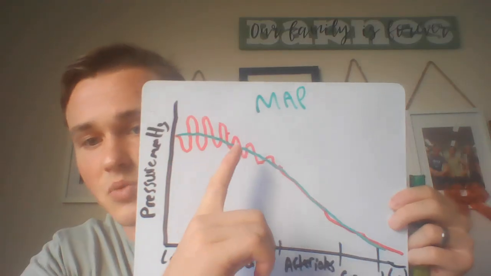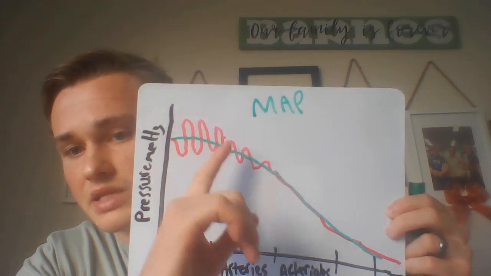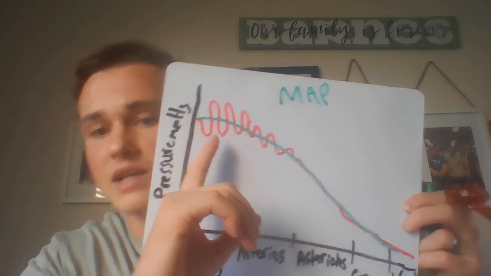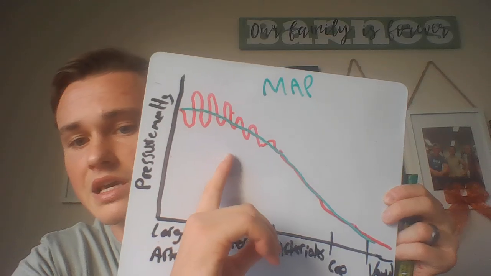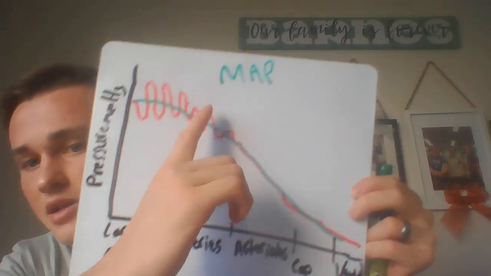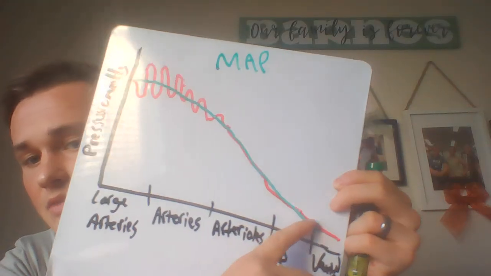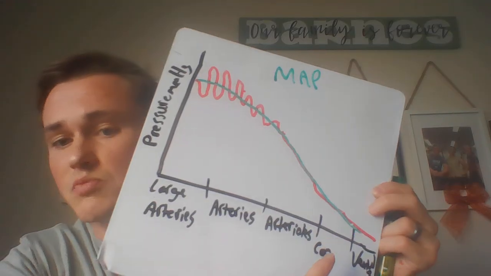It's the mean of the pressure. So we're going to start out up here. There will be lots of variability as the heart is pumping. It has a greater effect when you're in the larger arteries. It'll have less and less of an effect, down to the point where our MAP is essentially the same as what we would read at any given point in the very, very small vessels down there.